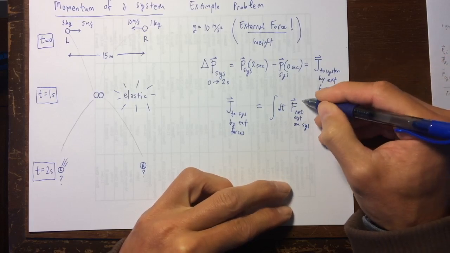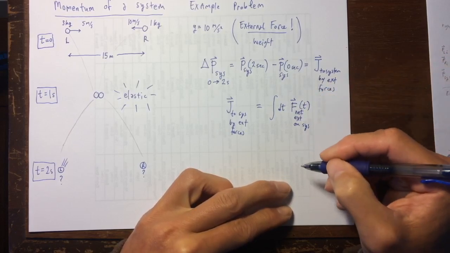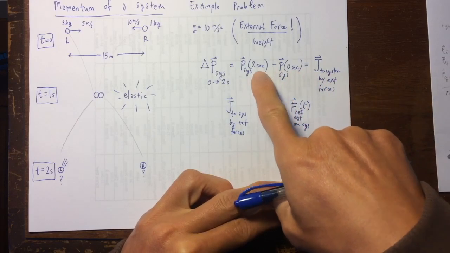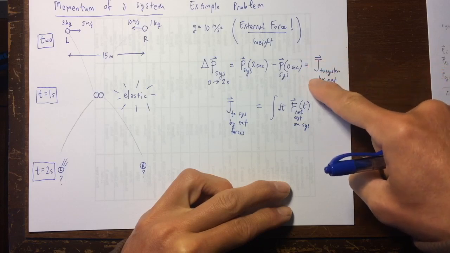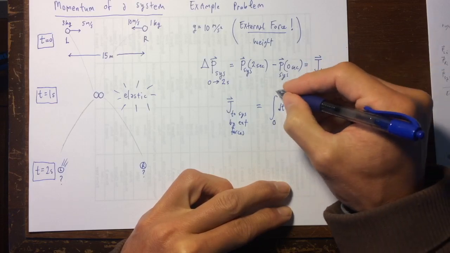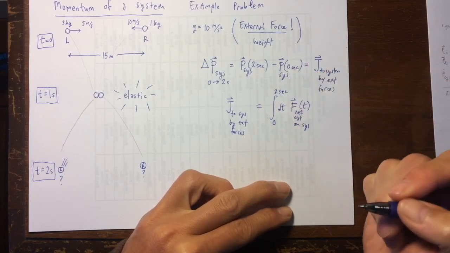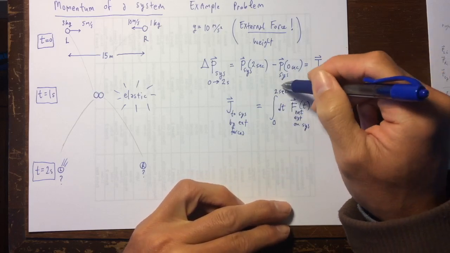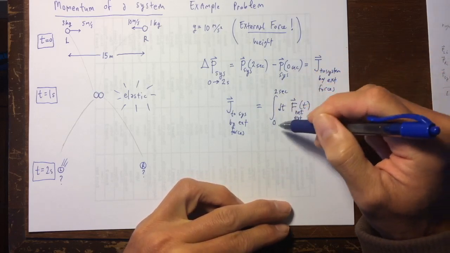And this in general is a time-dependent function. And for us, because we're doing from 0 to 2 seconds, we are interested in the impulse from 0 to 2 seconds, like this. So we are going to end up having to calculate this, but you'll see that this is actually quite easy.